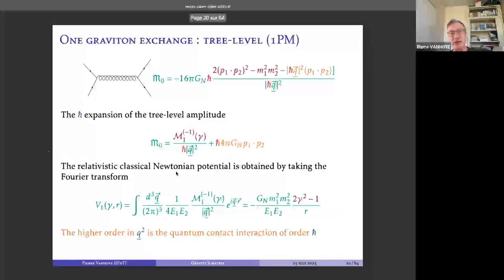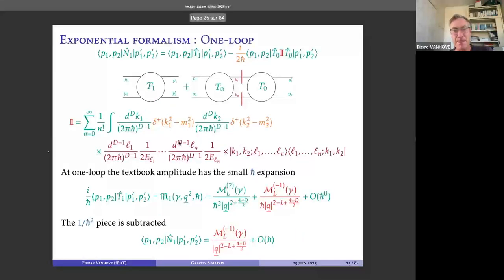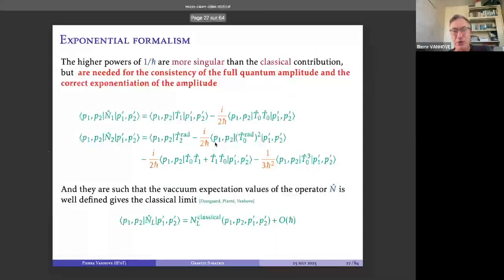All of this is computed using Feynman integrals, and computes quantities that go into the classical S matrix.